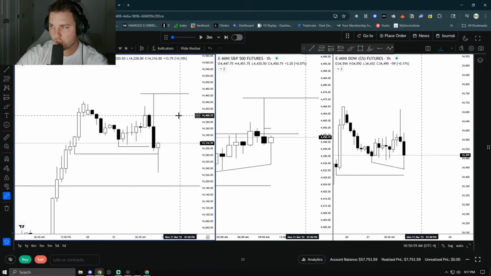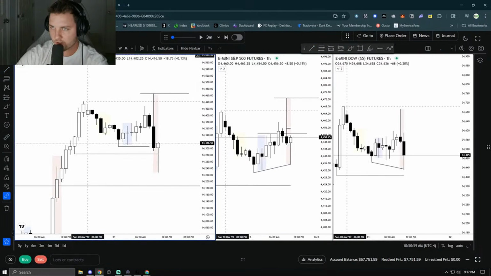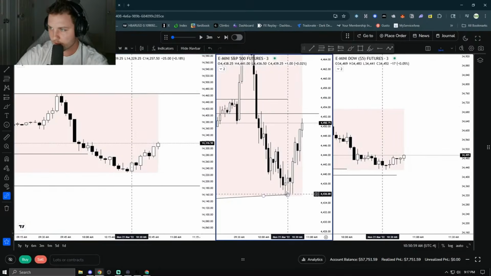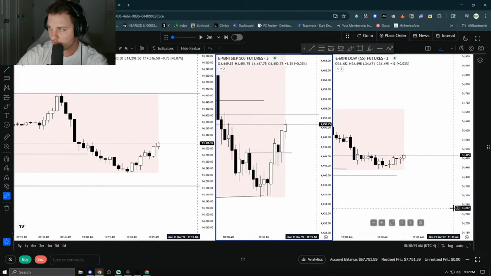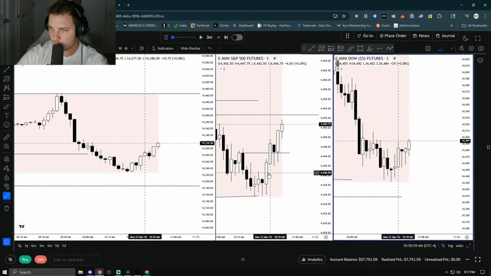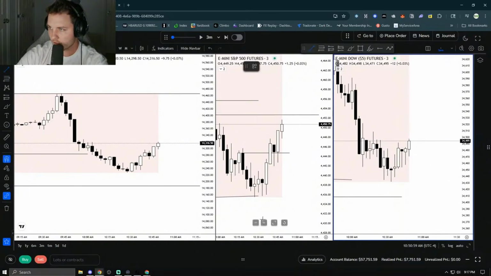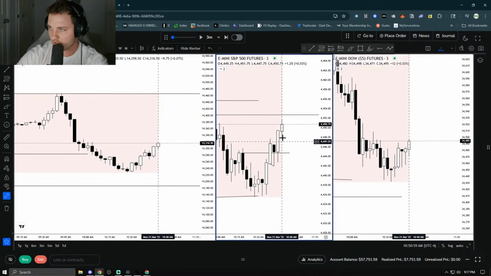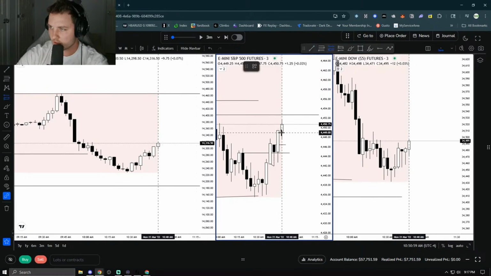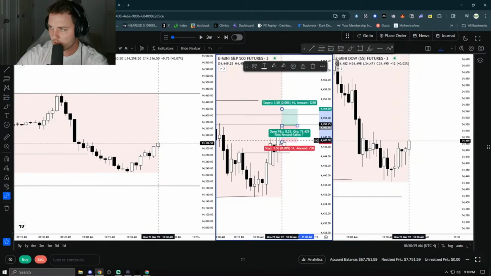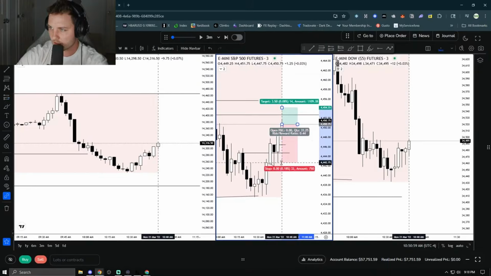Okay, so now I switch bias with the 2-stage. So we have our SMT here. We have our SMT here. Let's see if the RR makes sense.